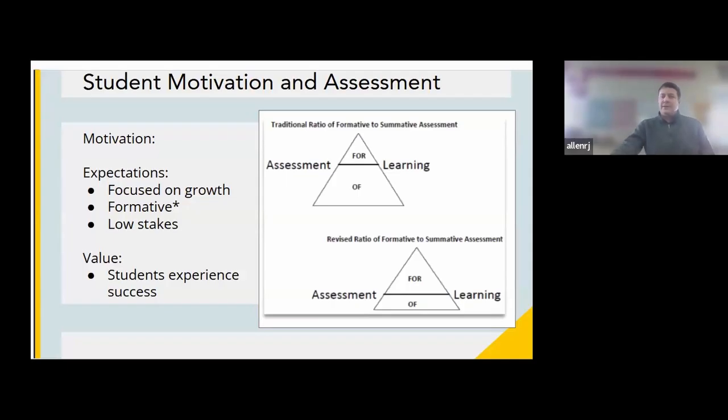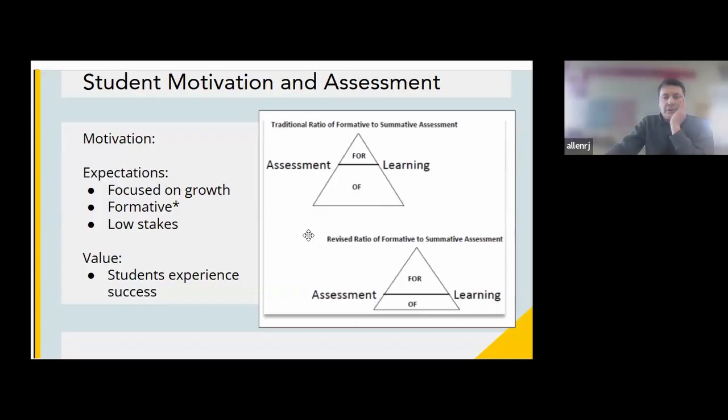Now we're looking at it more as assessment for learning. It's formative. It's actually what drives our instruction. The assessment tells us what we're going to be teaching and where the students are. It's a pretty good flip, and I love it.